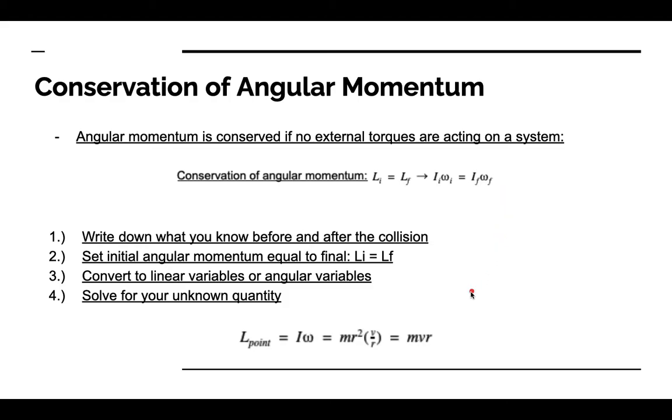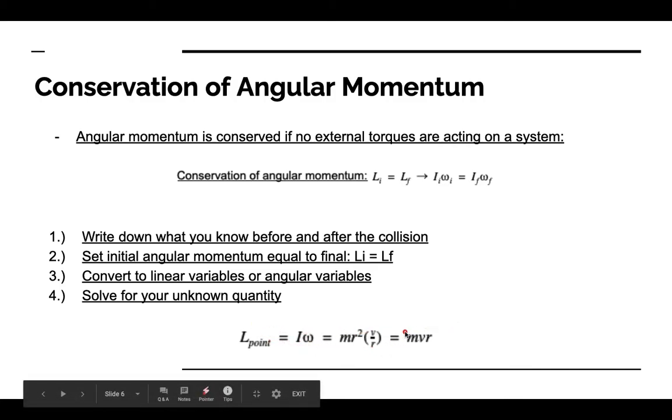Oh, and actually one real thing that we can use, a nice little cheat code, this isn't on your equation sheet, but this is a very useful result to memorize: if you're working with a point mass, the angular momentum of that point mass in terms of linear variables is going to be mv times r.